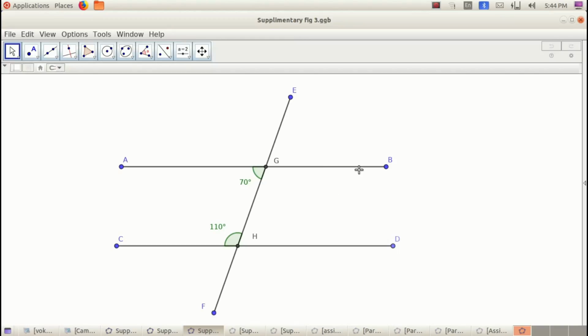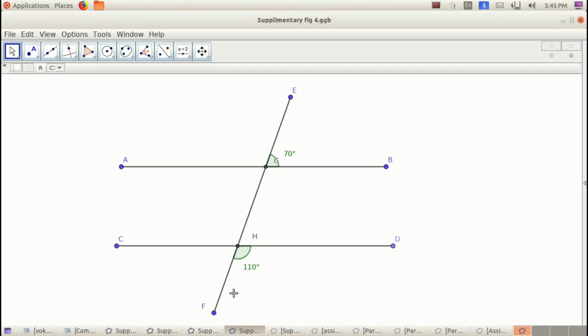Okay, then you can listen to another type of pairing. This pairing is entirely different from the earlier pairing. This angle comes outside the parallel lines, this also outside the parallel lines. And so we can say angle BGE and angle DHF are outside the parallel lines, on the same side of the crossing line, and they are supplementary angles.